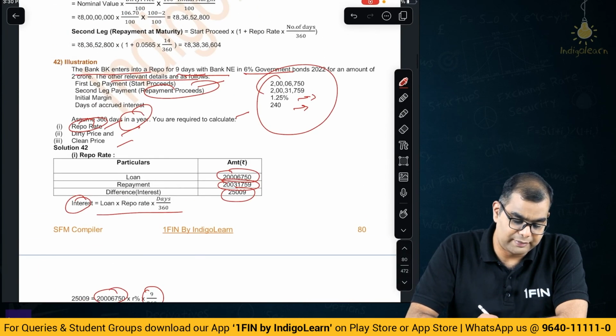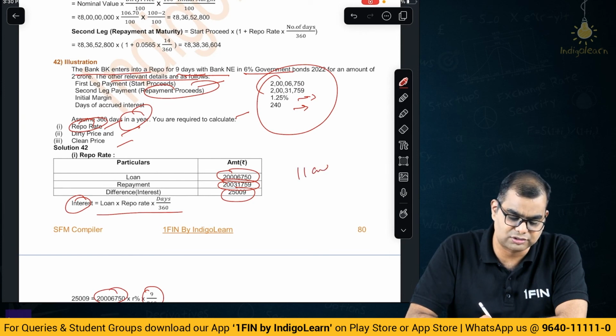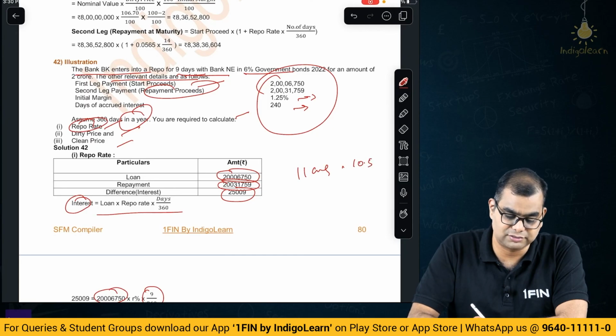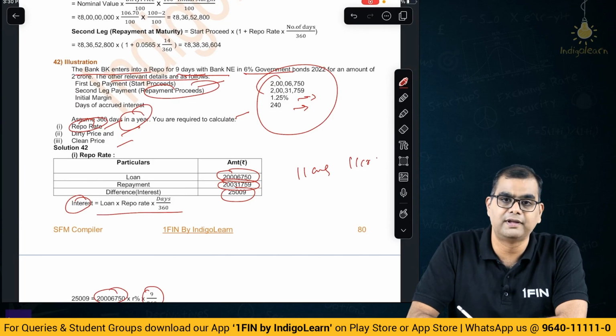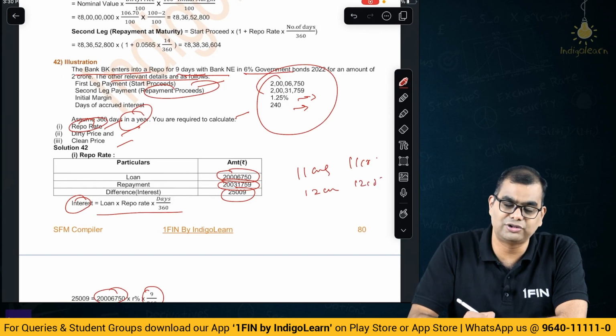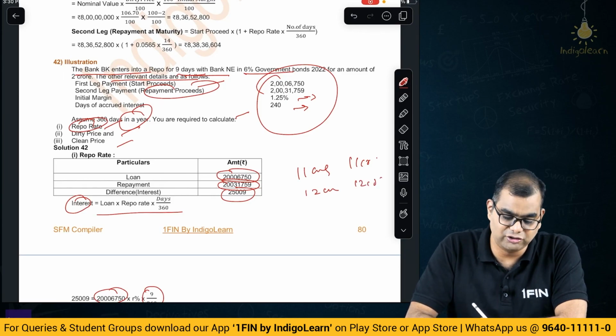So, I am going to give you a loan of, let us say, some 11 crores, by buying some security from you at 11 crores. Then I am going to sell it back to you at 12 crores, where I give back your security and you give me 12 crores.